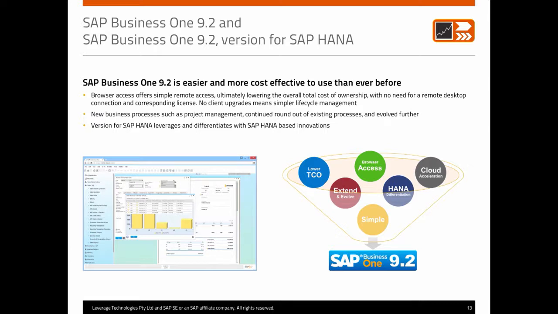So, for example, browser access, using the cloud to accelerate your deployments, using the cloud to accelerate your return on investment, extending and evolving to take advantage of these new technologies, and above and beyond everything else, keeping the entire SAP Business One experience simple. So it's simple to learn, simple to use, and simple to own, and the cost of ownership is kept low. Okay, so hopefully that makes sense for you.